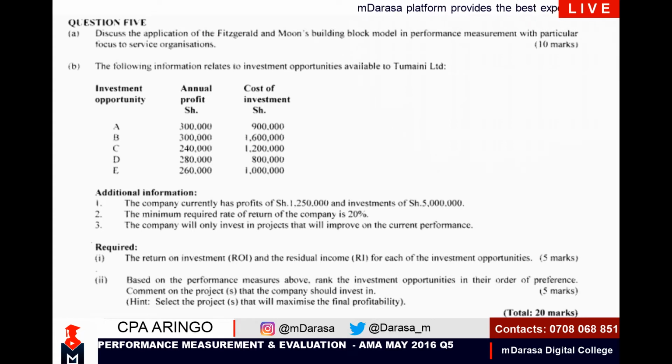So I believe that when you're done with that, part B of the question, you are told that the following information relates to investment opportunities available to Tumaini Limited. We are given our investment opportunity A, B, up to E. We are given our annual profit, and you have our cost of investment.